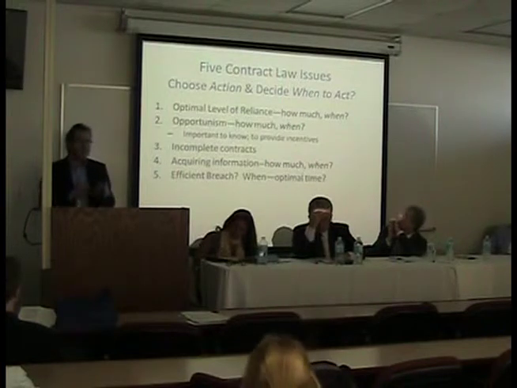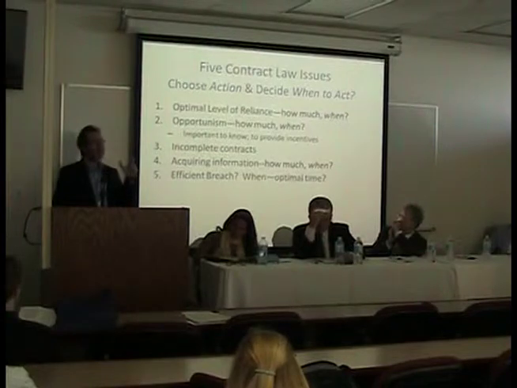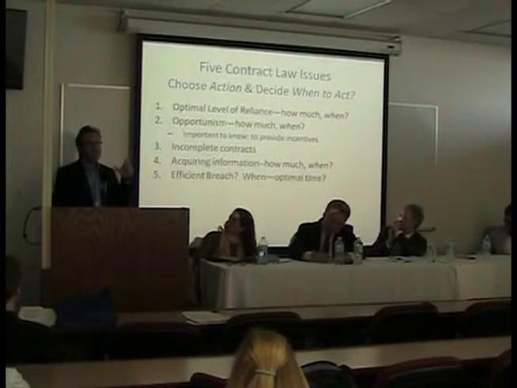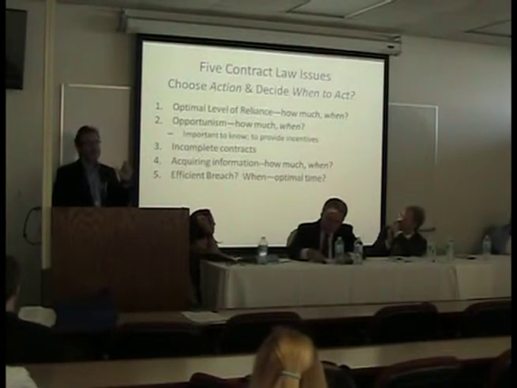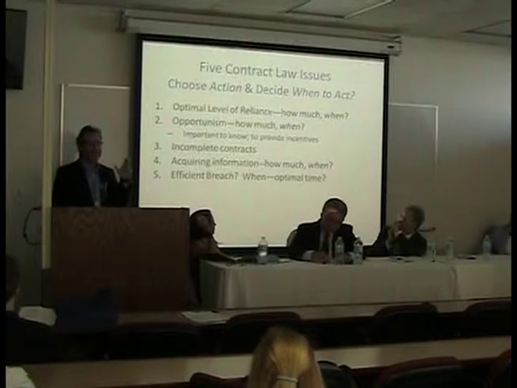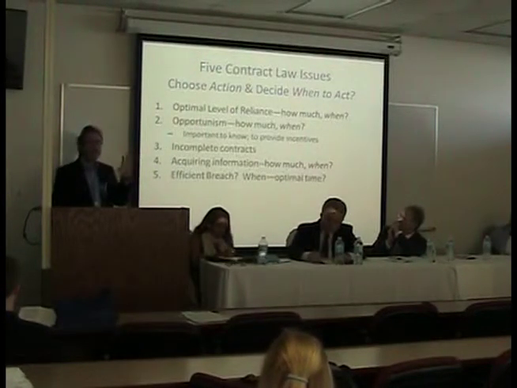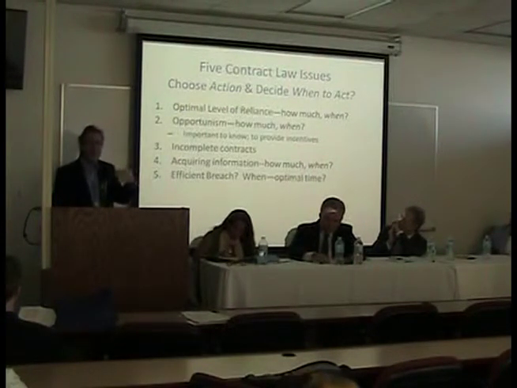So there are five general contract law issues that I want to tie together, taking into account time-inconsistent preferences. Number one, the optimal level of reliance, how much to rely and when. Then there's the question of opportunistic behavior, which I will just mention and leave aside, but if somebody has time-inconsistent preferences, they may overconsume opportunism in the same way they overconsume other things.